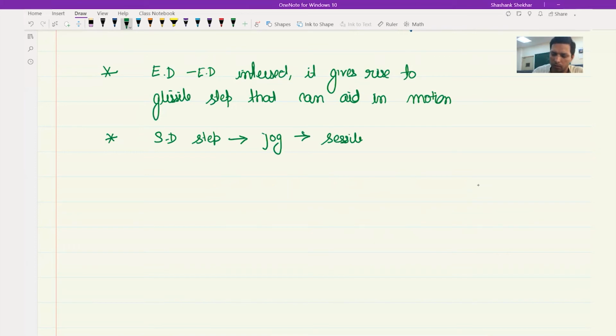And also it is jog means it will be edge type. On the other hand, if the step is kink, then it would be edge character, and it will be glissile in nature.